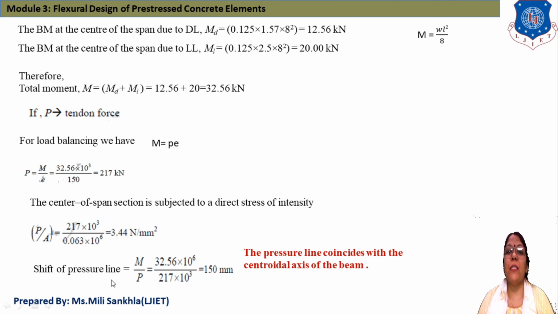This is the distance by which we shifted the pressure line. The pressure line coincides with the central axis of the beam. Just now our example of the load balancing concept is complete. Here we stop this session, and in the next session we start with our new topic.